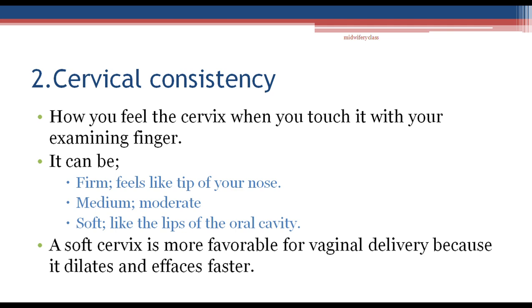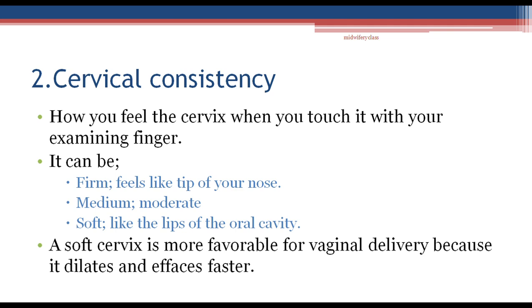Or consistency can be soft, where the cervix feels like your lips. I'm assuming you've touched your lips and you know how a soft cervix feels exactly. A soft cervix is more favorable for vaginal delivery because it dilates and effaces fast.